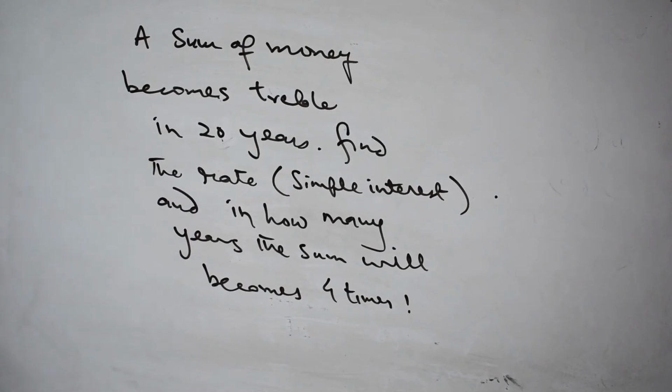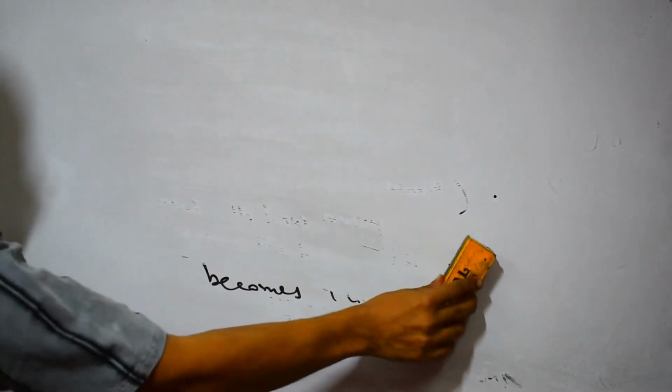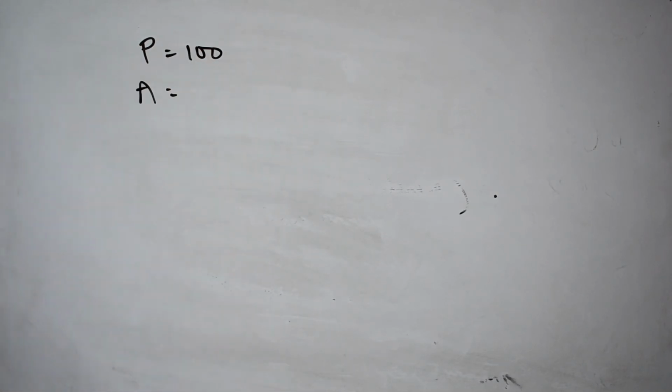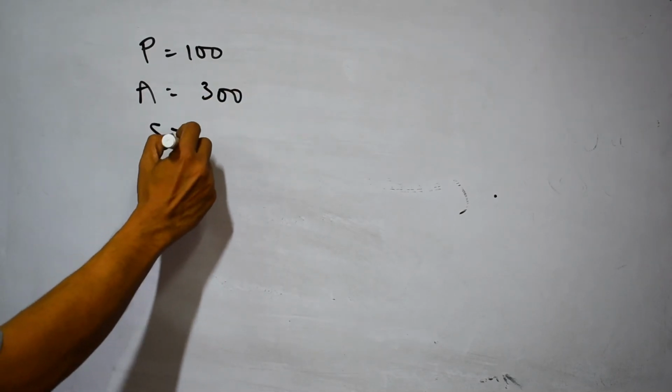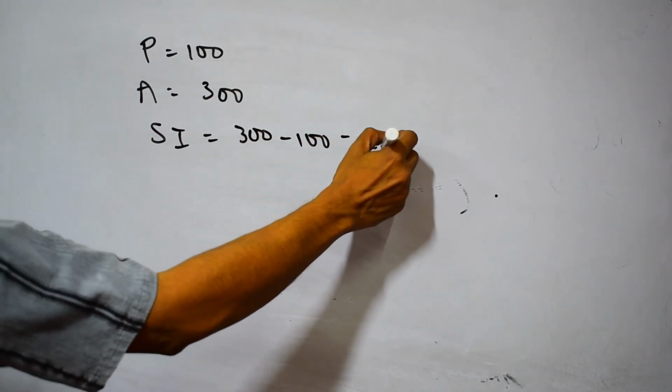So we can take one thing, that principal is 100. If I start the problem by taking principal to be 100, then P is 100, rate of interest we don't know, but the final amount is 300. So simple interest is 300 minus 100, that is 200.